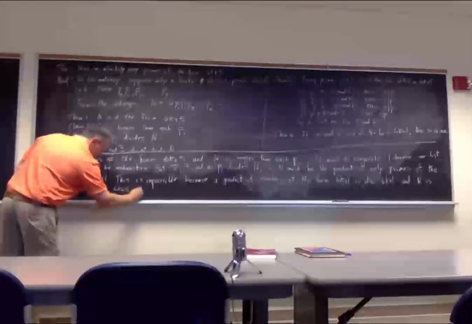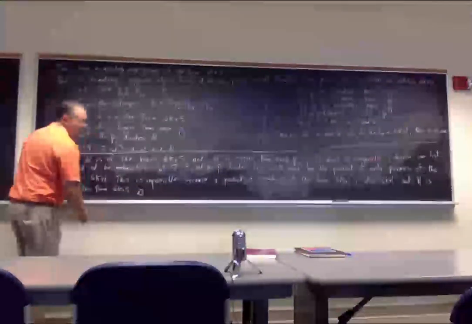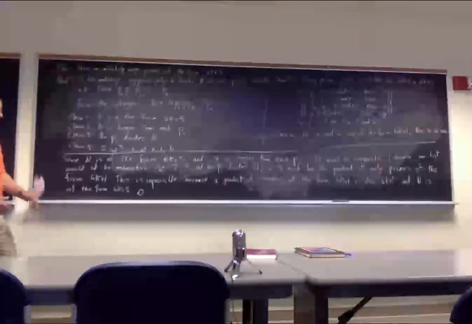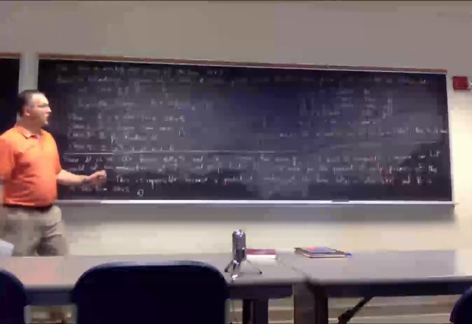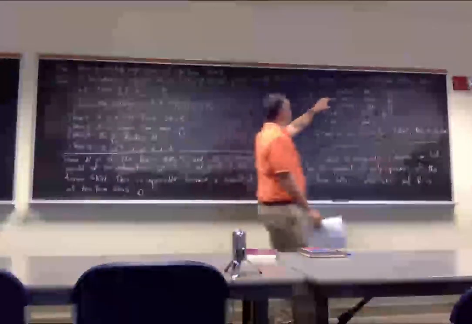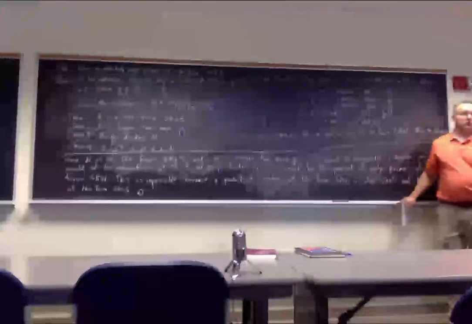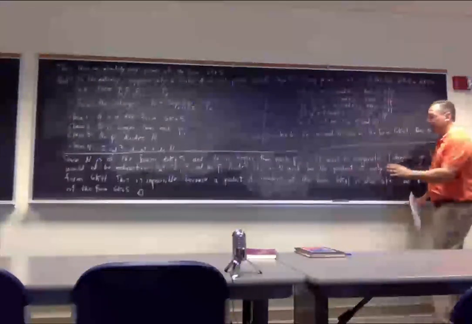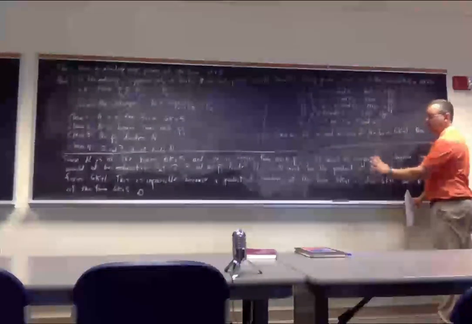Dr. Seven, can you go over once again why n must be the product of primes in the form 6k plus 1? Sure. Okay. So it has to have a prime divisor, right? Because it's composite, it has prime divisors.